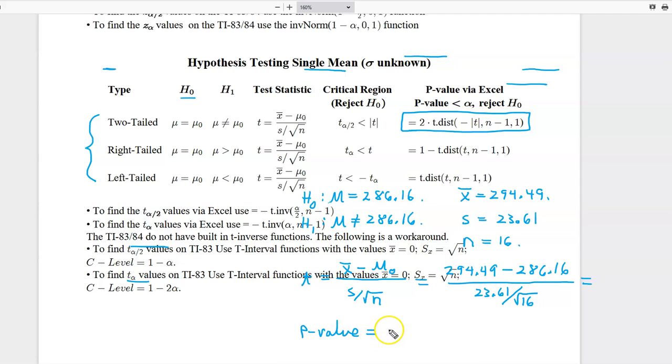So for the p-value, we type into Excel: 2 times t.dist of negative the absolute value of this number, which we'll calculate in a second, 16 minus 1 is of course 15, comma 1, and that will be our p-value. So let's evaluate these two numbers in Excel now.